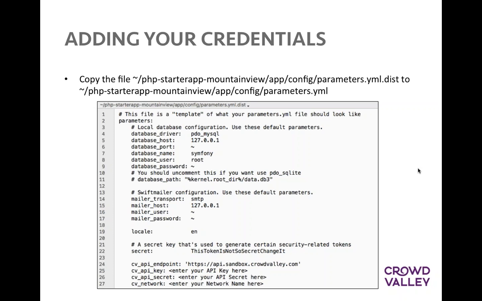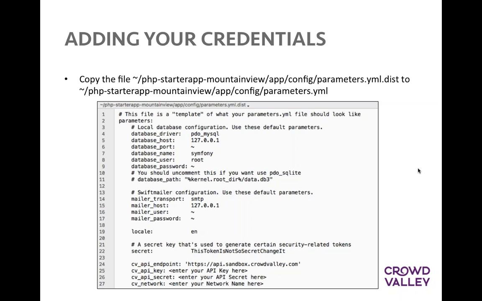And we've said in the README file that the first step you have to do is to copy this to parameters.yml. So effectively you're renaming it by removing the .dist at the end. And you keep it in the same folder, so it's still in app/config. And then the screenshot below is the entire file, the parameters file.